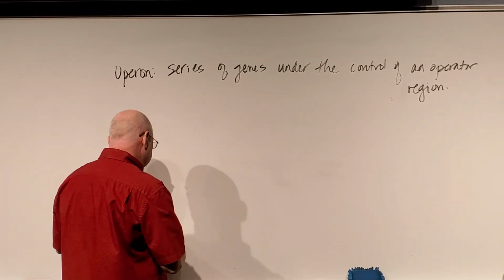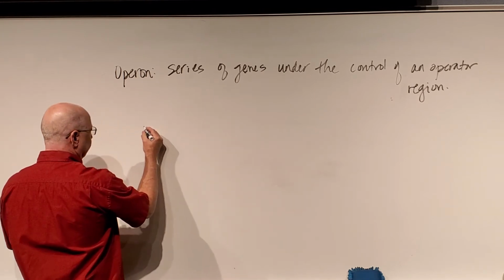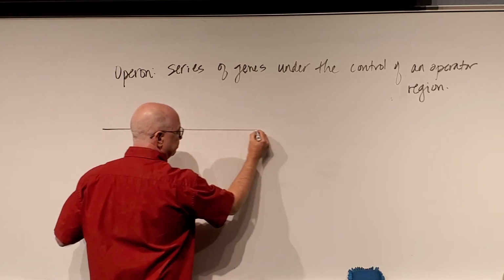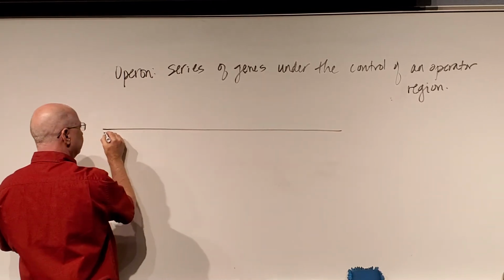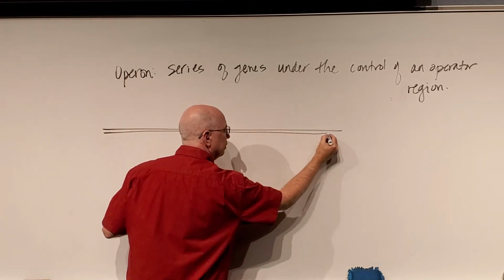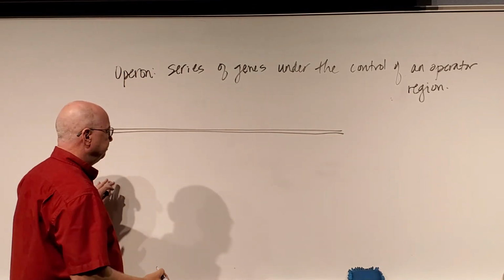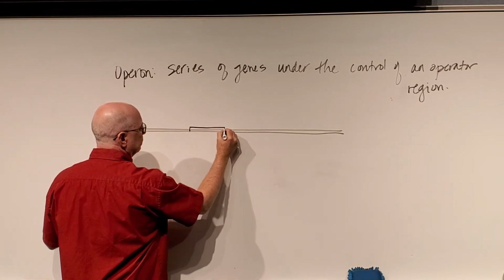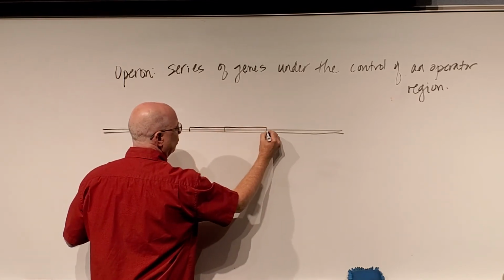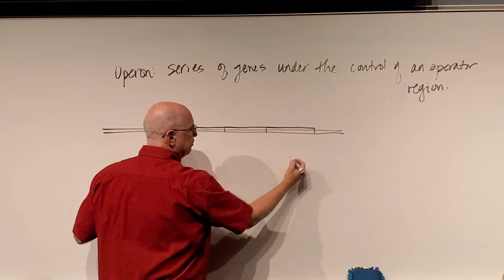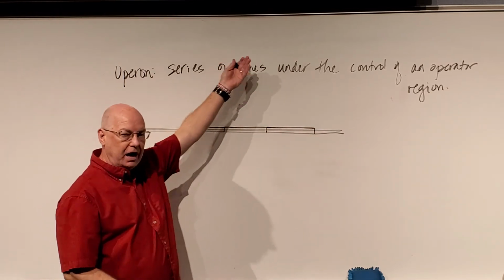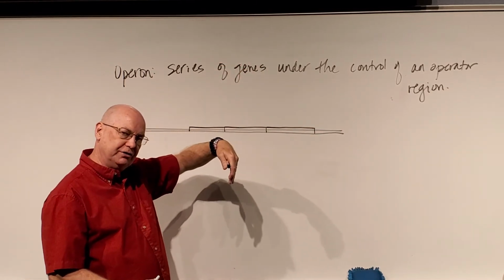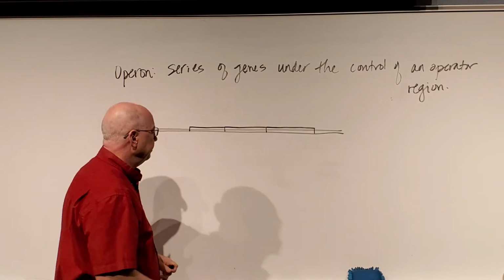When we look at a series of bases on a DNA molecule, okay, so here's a piece of a chromosome. This is the circular chromosome of E. coli. There are a series of 3 genes here that are coded for that make the proteins that allow lactose to be entered into the cell and then to be broken down.